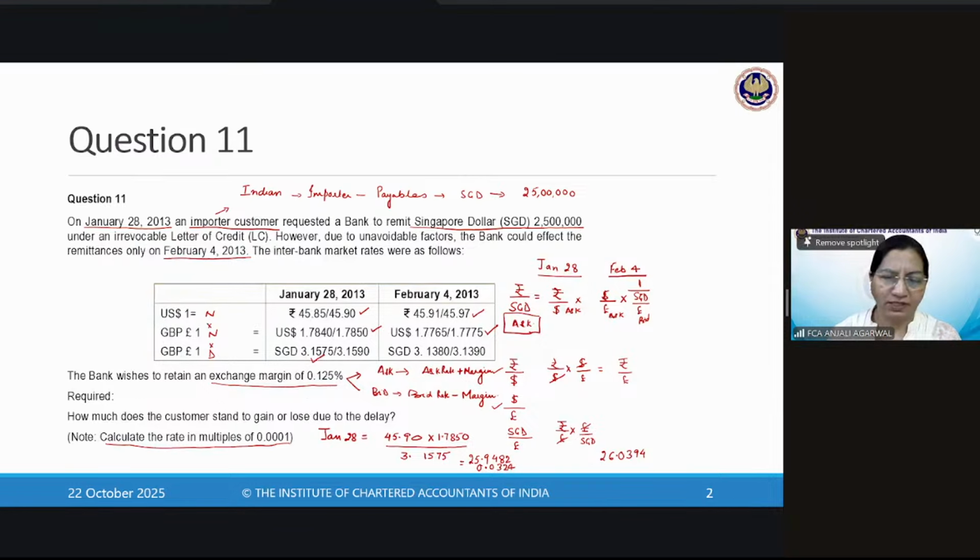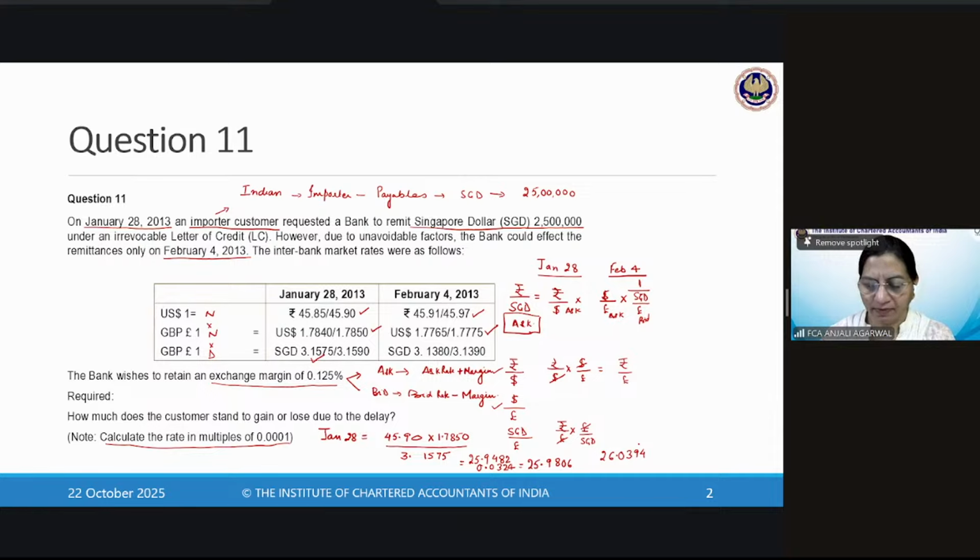Use it till 4 decimals, round it off, and always mention, if it is not specifically mentioned in the question, till what decimals you are rounding off your figures. Or you can generally write that all answers are solved with rounding off to 4 decimal points unless specifically asked. So 25.9806 is the applicable rate.